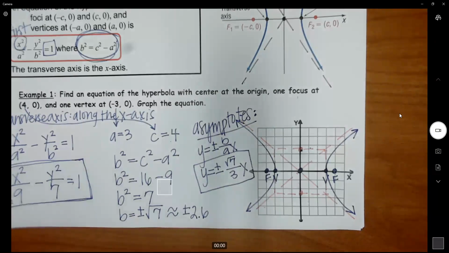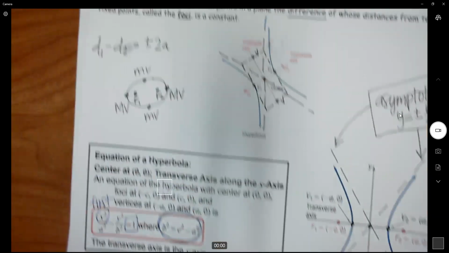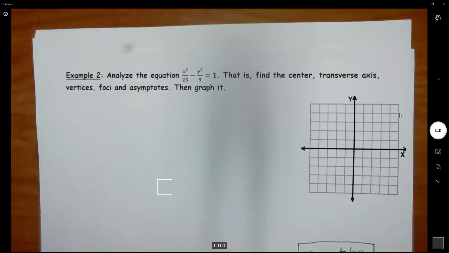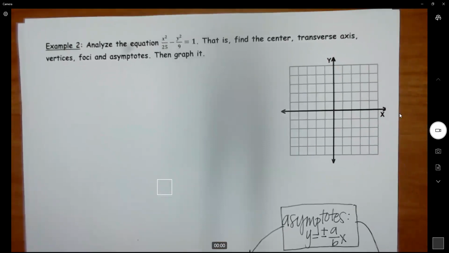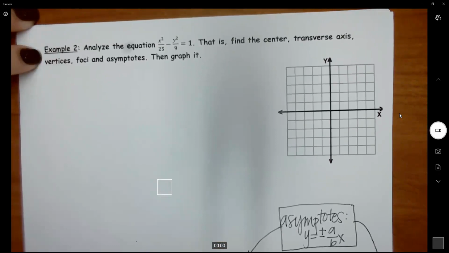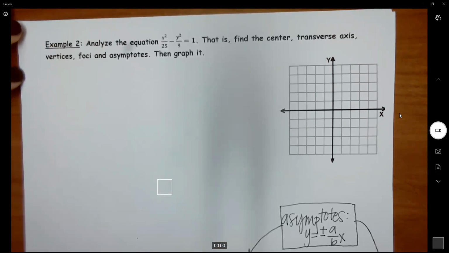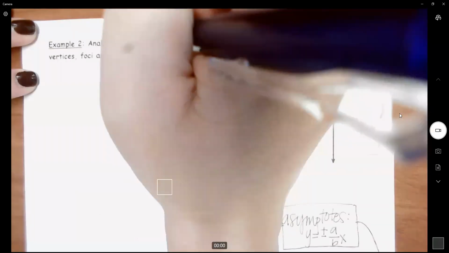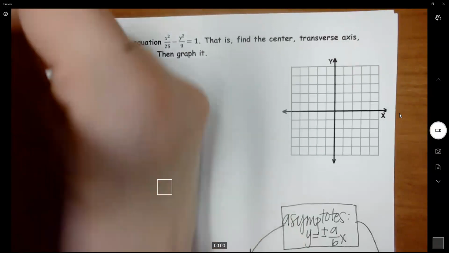Okay, let's try another example with the center at 0, 0 and the transverse axis along the x-axis. This one tells me to analyze the equation. That is, find the center, the transverse axis, the vertices, foci, and asymptotes. This one actually asks for it, and then we'll graph. Okay, so I know this is centered at 0, 0 because it's x squared, y squared.